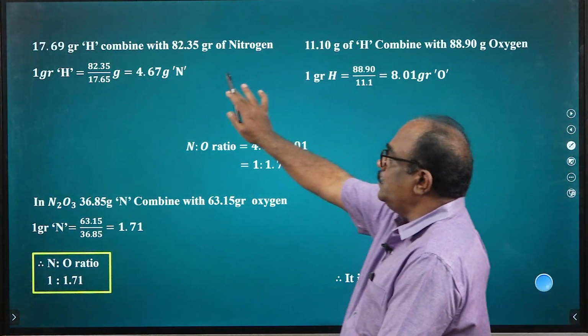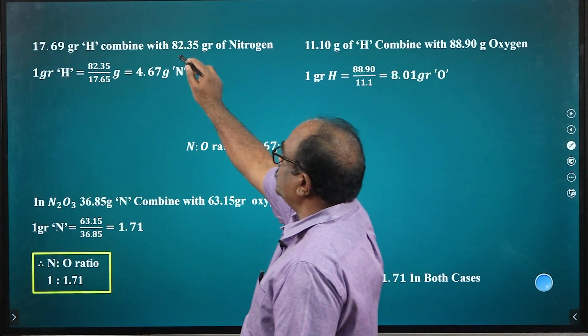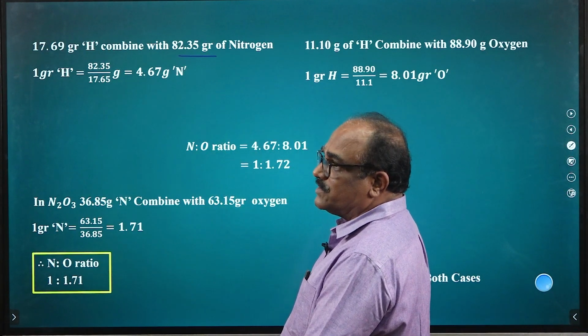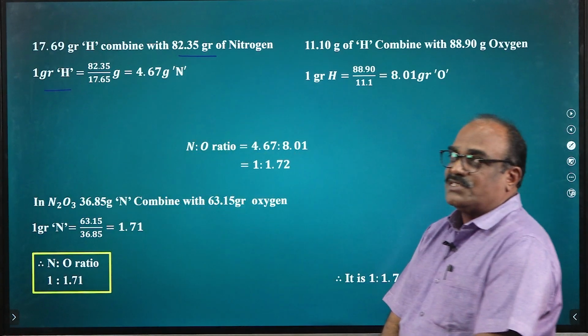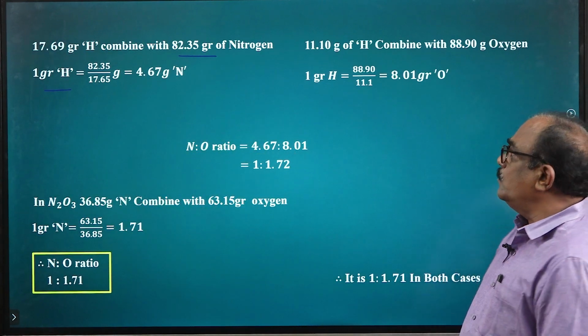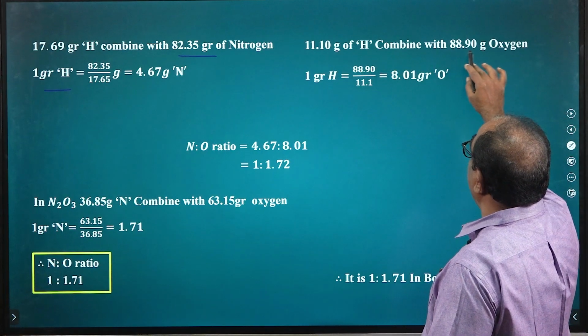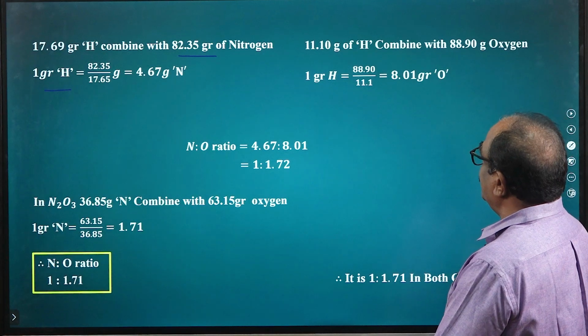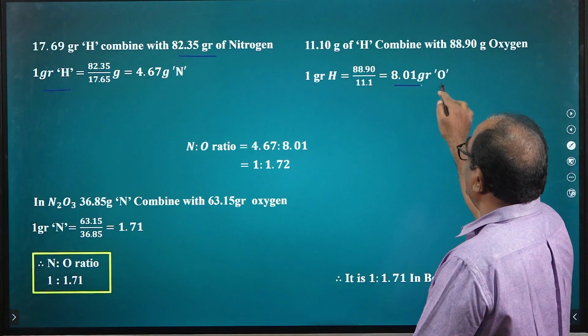So, I use the same data. 17.68 grams of hydrogen is combining with this much grams of nitrogen, and I calculated per 1 gram: per 1 gram of hydrogen, how much nitrogen is going to combine. Similarly, in the second data, 11.0 grams of hydrogen is combining with 88.9 grams of oxygen. So, 1 gram of hydrogen combines with how much oxygen? I made the calculation.